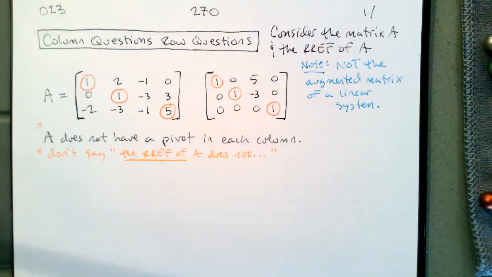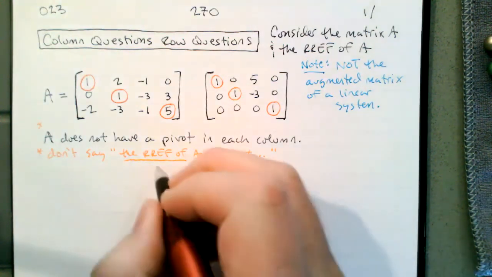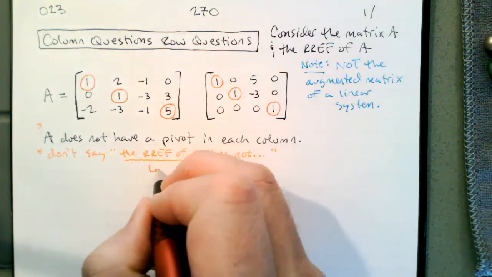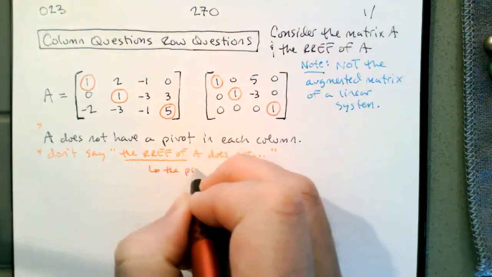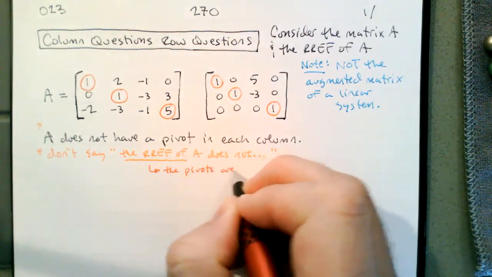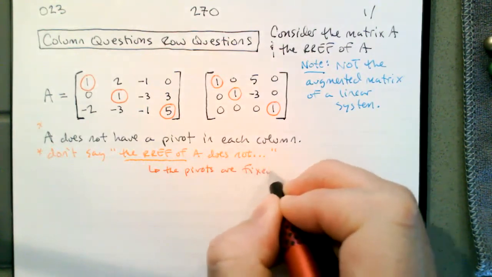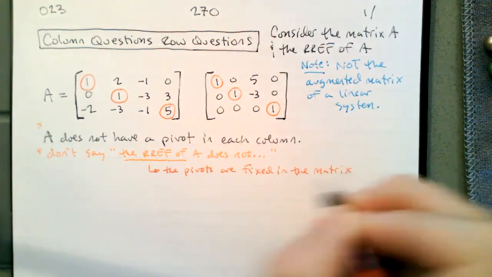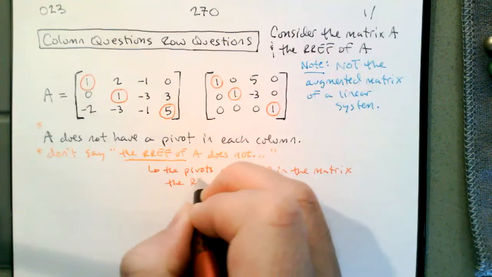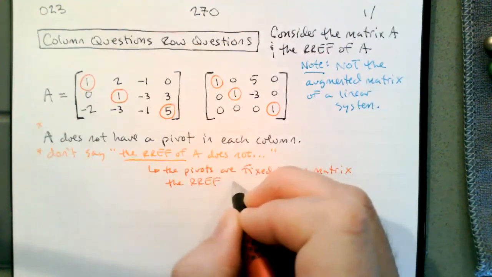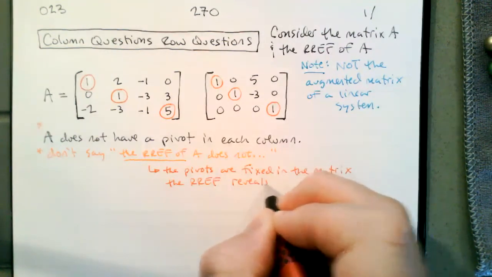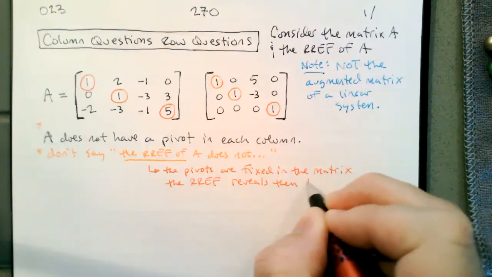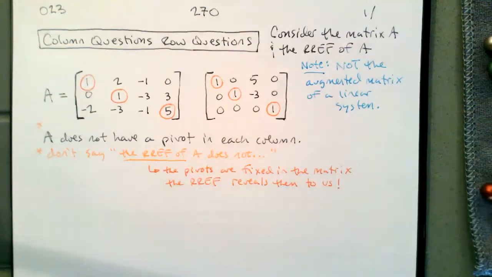The reduced echelon form just shows us where they are. It is just what we use to reveal them to us.